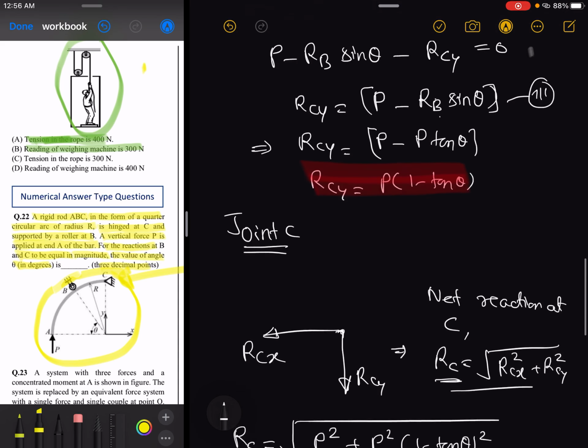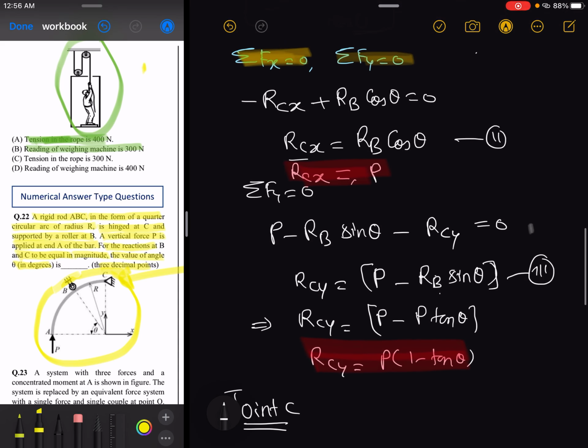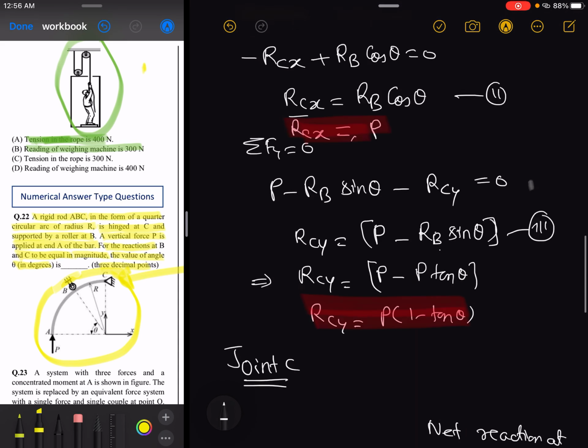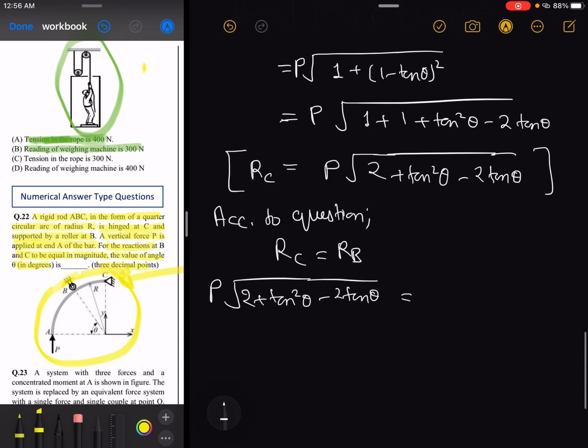And where is RB? RB is nothing but P upon cos theta, so I can write P upon cos theta as P sec theta. Okay, so here P and P will get cancelled out. I am squaring both sides, so I will get 2 plus tan square theta minus 2 tan theta, and it is equal to sec square theta.